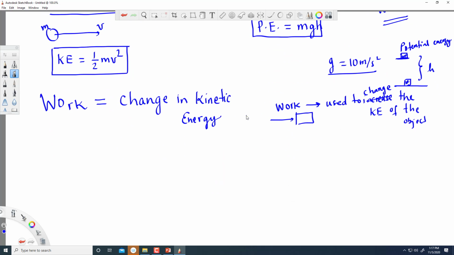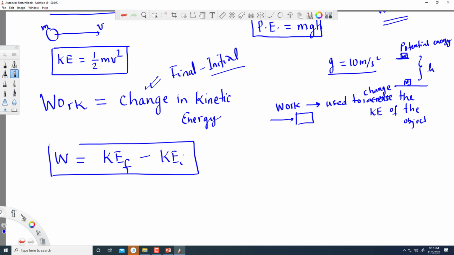Work is W. Change in kinetic energy: whenever you see the word change, it means final minus initial. That's always true. So final kinetic energy minus initial kinetic energy. That's called the work energy theorem.